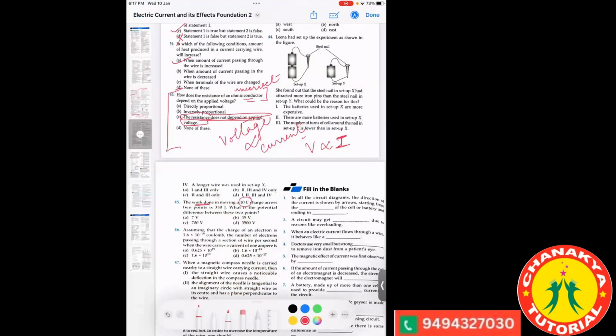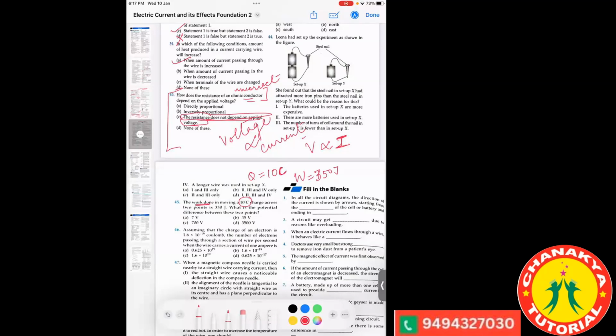Whenever we talk about the charge, we denote it by Q. So Q is equal to 10 C. And the work done is 350 joule. So 350 joule of work has been done, and the charge was 10 coulomb.